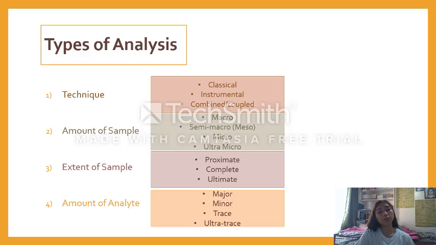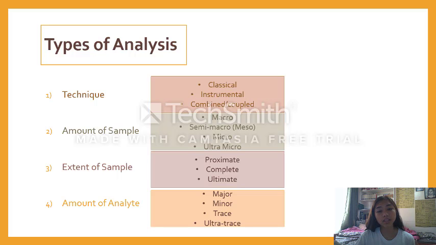So I think na encounter nato ni ang kaning proximate, complete, ug ultimate dinha sa ato ang check-up 2 katong combustion. So for the proximate kay gipangita niya ang VCM, volatile combustible matter, FC, ash, og moisture.